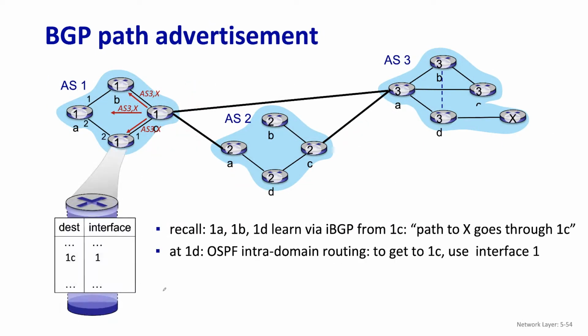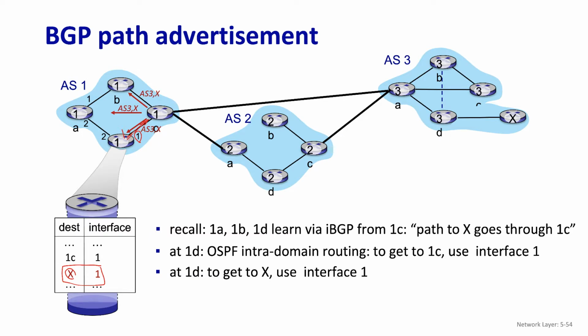So this is just one example here. If you try to examine the routing table here, you will find that for 1C, you can use the interface number 1, right? And the same thing, if you want to access X, you will go through 1C, because each one of them should have the same entry here, right? So here it should be going out this way.